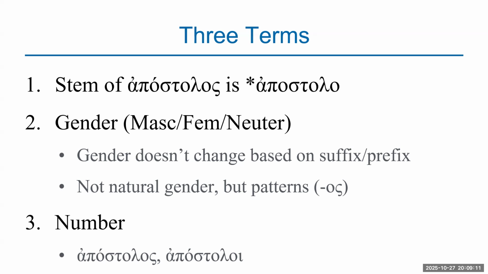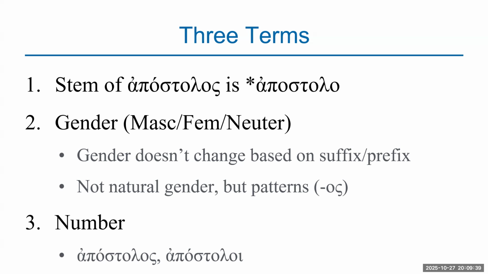So when you are looking at a word in a sentence and you see the word apostolos, you're going to learn to do it faster and faster. But as you see these words, you're going to go through this progression of thought that in the beginning is really clumsy, but 2 weeks from now, it won't be clumsy. You'll just be doing it and you'll be like, oh, that's okay. I understand what I need to do.